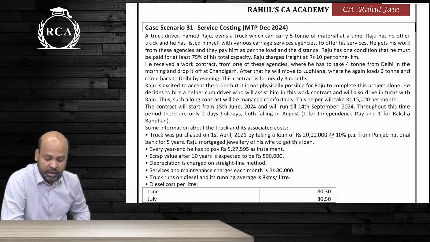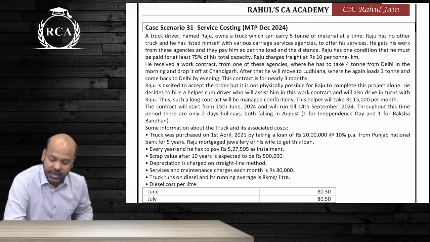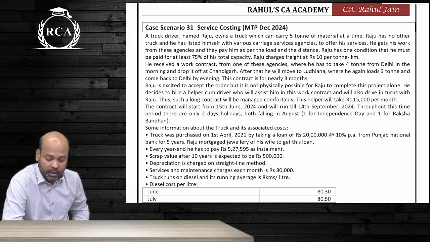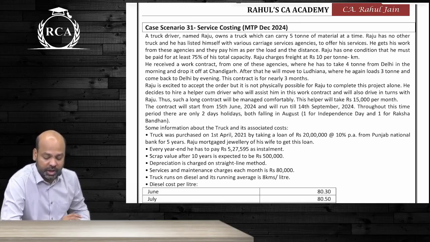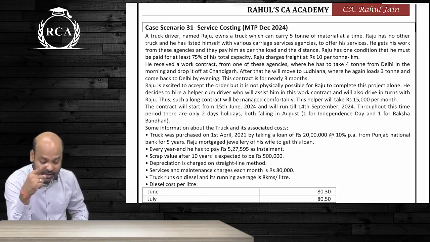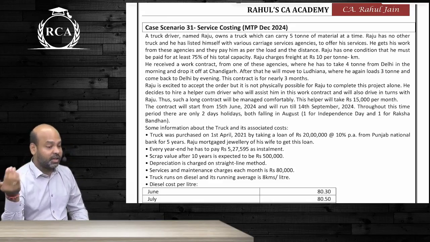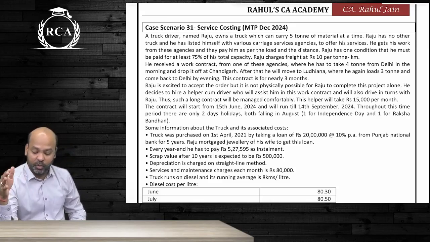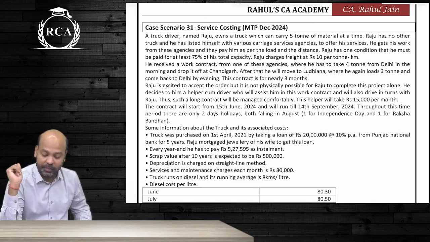He received a work contract from one of these agencies where he has to take 4 tons from Delhi in the morning and drop it off at Chandigarh. After that, he will move to Ludhiana, where he again loads 3 tons and come back to Delhi by evening. This contract is for nearly 3 months. सुबह दिल्ली से गड्डी लेके चलना है बेटा, मैं निकला गड्डी लेके, he will reach Chandigarh, from Chandigarh to Ludhiana, guys, and from Ludhiana बेटा back to Delhi.